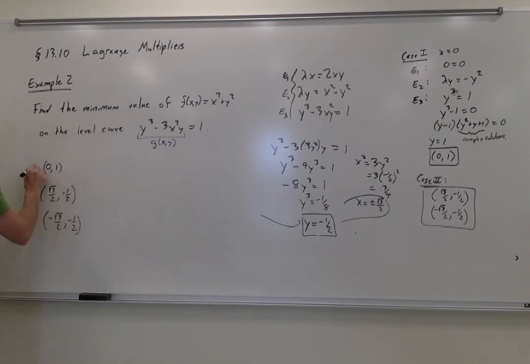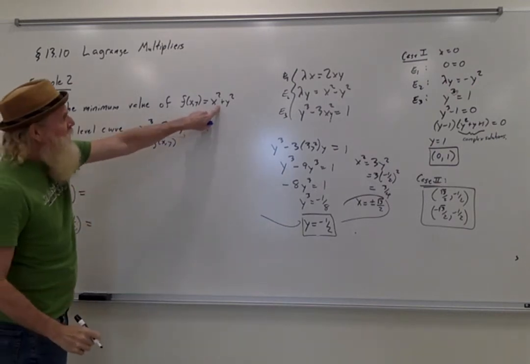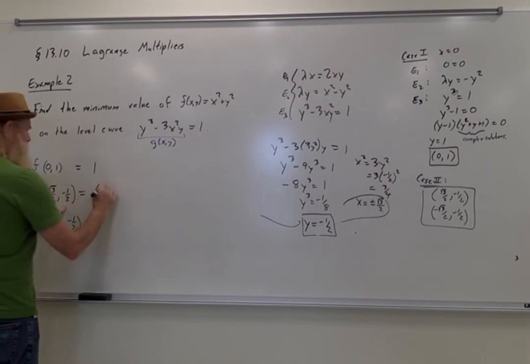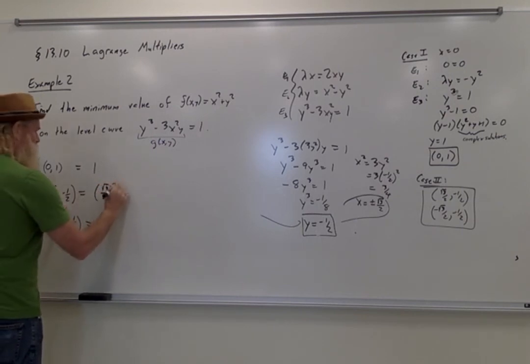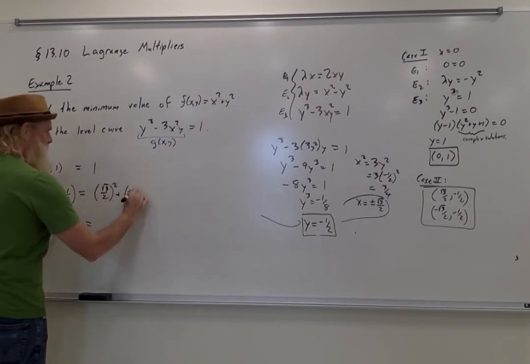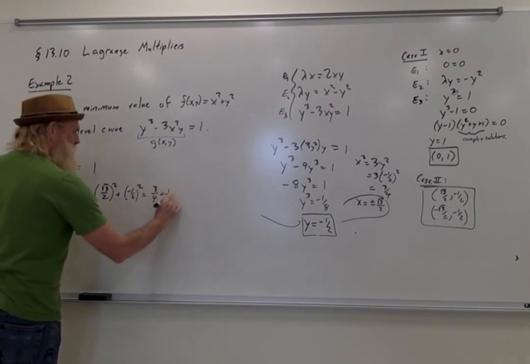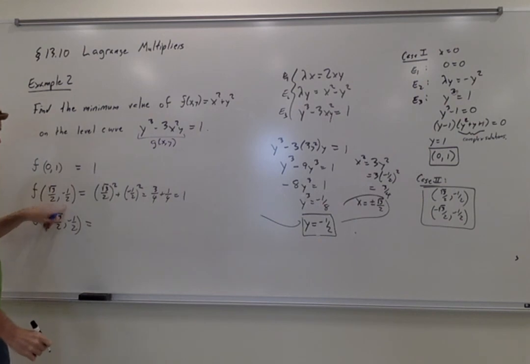Let's plug each one of those into the function f. Remember, our function is x squared plus y squared, so 0 squared plus 1 squared is 1. Here, I'll have the square root of 3 over 2 squared plus negative a half squared, which is 3/4 plus a 4th, or 1.